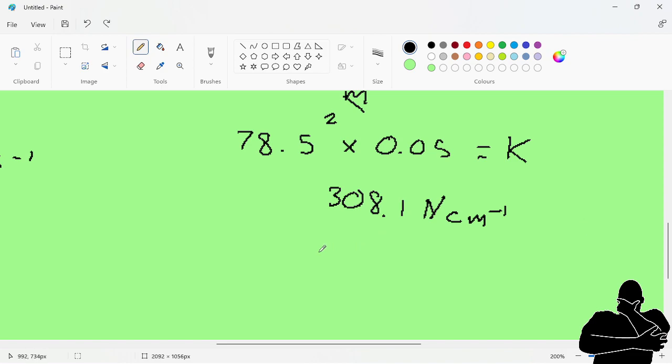Now, the formula for the total spring constant of springs in series is the product of the spring constants, K1 times K2, divided by the sum of the spring constants, K1 plus K2.